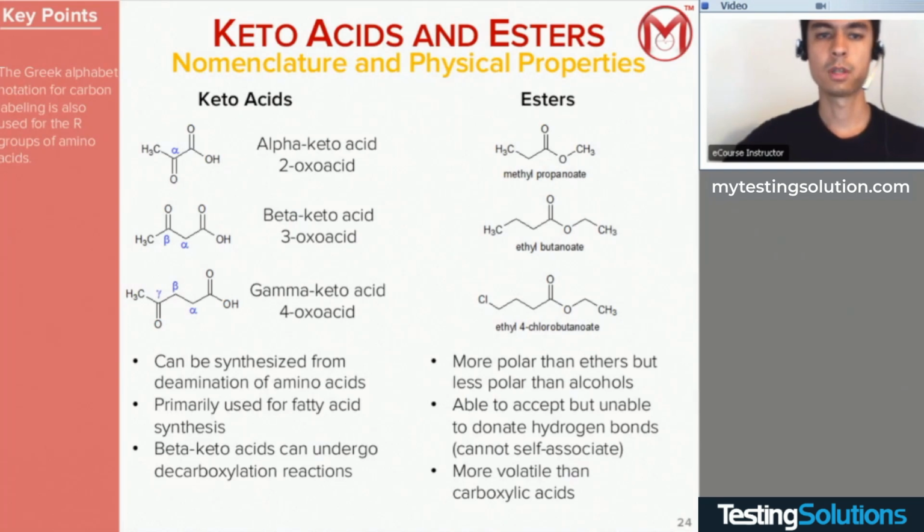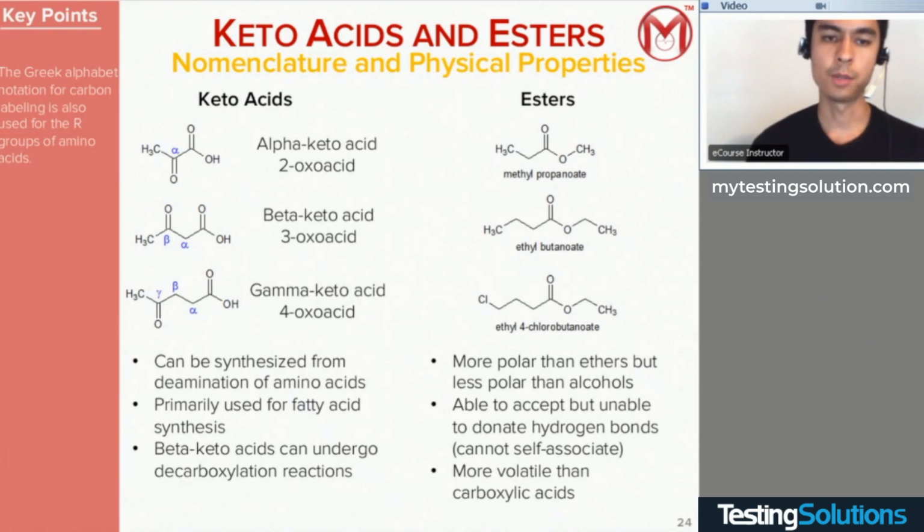Okay. Keto acids and esters. A keto acid is a specific type of ketone/carboxylic acid. You can have alpha, beta, or gamma keto acids, depending on where the ketone is with respect to the carboxylic acid. These can be synthesized usually from the deamination of amino acids. So we'll take amino acids, pull off the amine, and what's usually left is some carbonyl or carboxyl group.